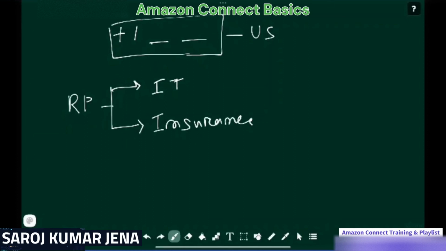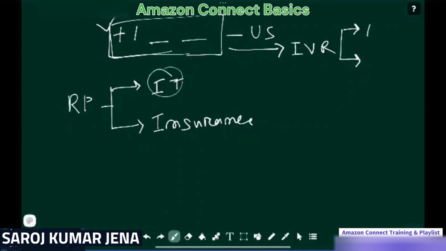If someone dials this +1 number, it will redirect that caller to an IVR, which plays a menu like press 1 for IT, press 2 for insurance. If the user chooses option 1, it goes to IT. If option 2, it goes to insurance.